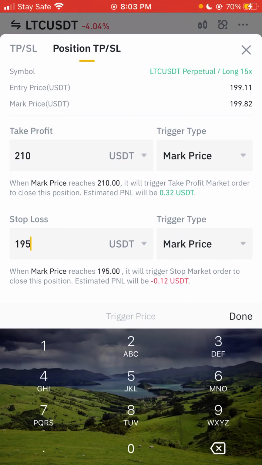If market should get $195, if LTC price should get $195, it will kick me out of the market and I'll be losing 12 cents. I don't know if we get that. If market should get $195, it will kick me out and I'll be losing just 12 cents. If price should get to $210, I'll be earning 32 cents.